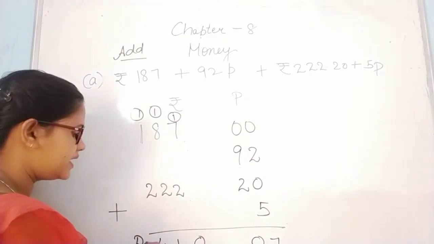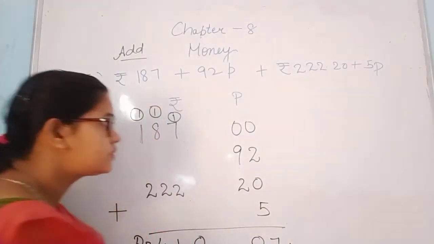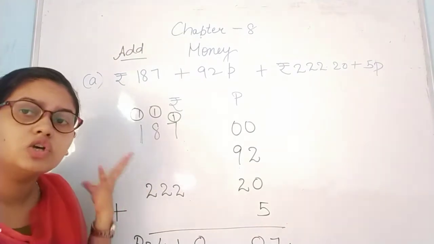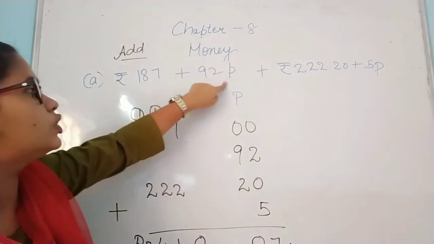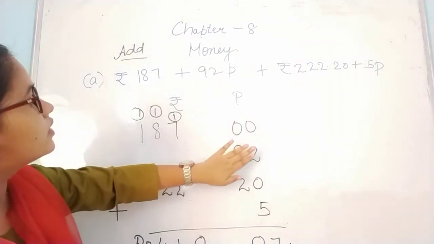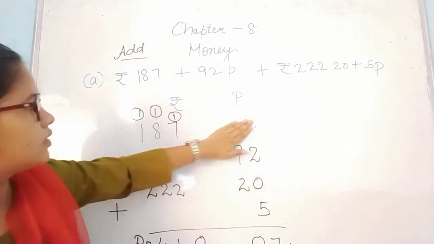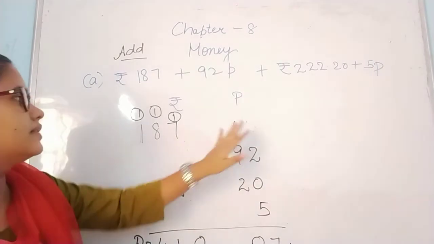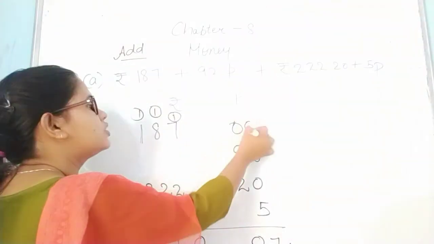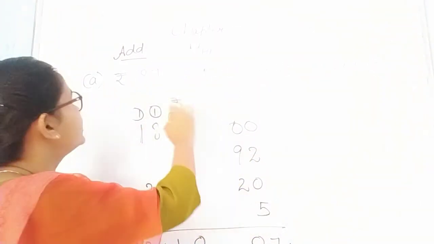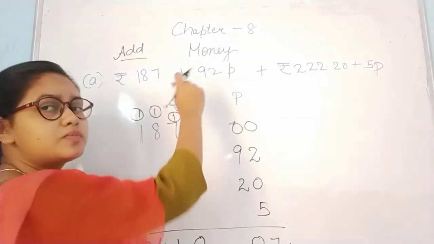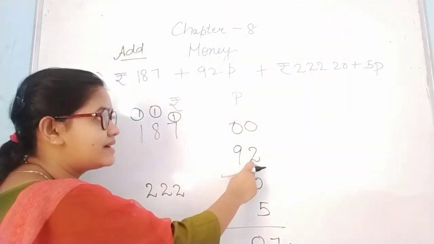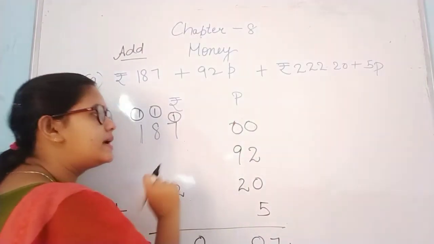This one is rupees and this one is paisa. Now how have we written? You can see rupees will be 187 here and 92 paisa here. Here will be 0 because there is no paisa with the 187. When we come to 92, which means our second sum is 92 paisa, we write it in the paisa section.